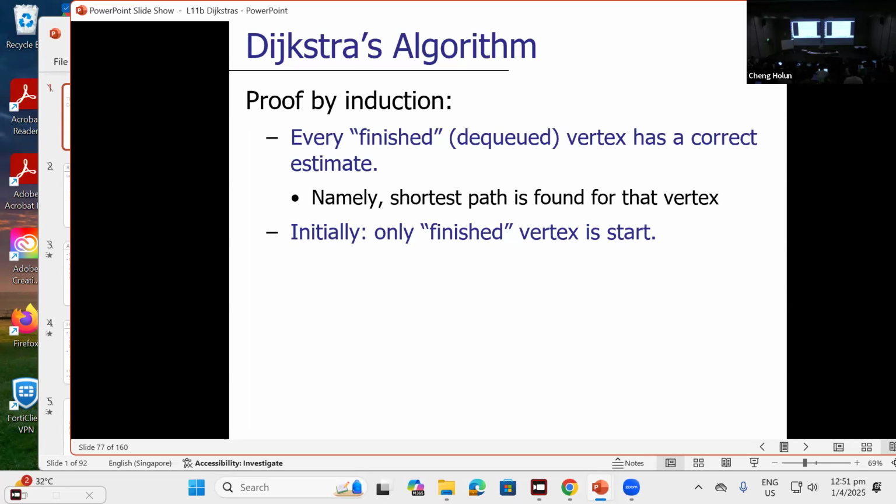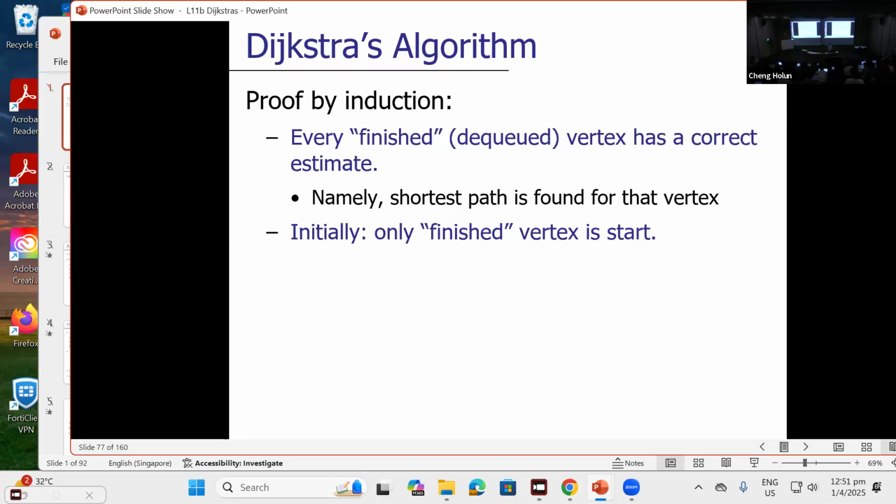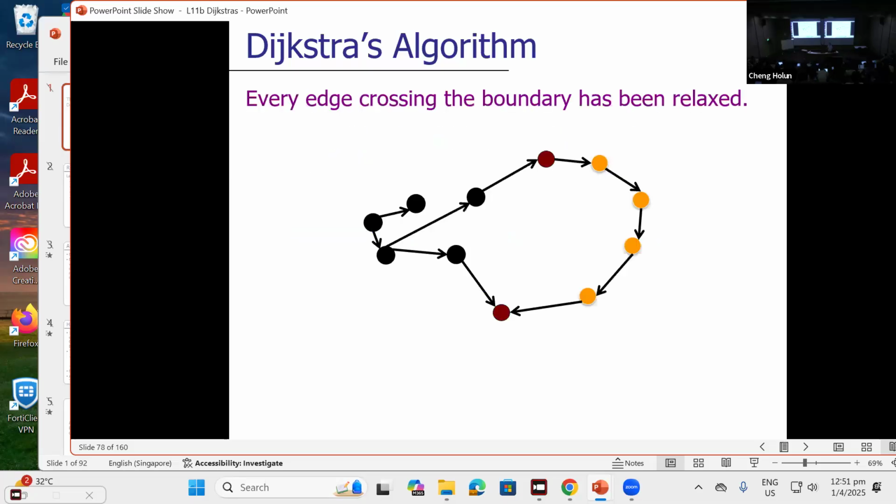That means graduation: if you get out of the queue, you graduate. So this is the basic thing you want to prove. If I dequeue one vertex from the priority queue, it must have already reached its most improved shortest distance. Okay, so let's see.